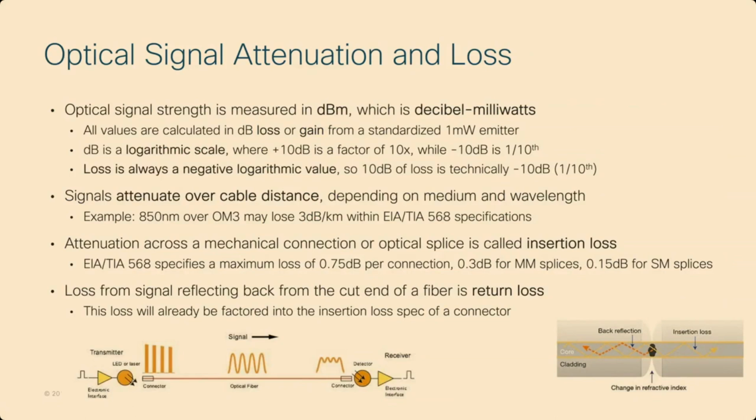If you see any kind of loss ratings, you might not see a positive or a negative value on it, but just know that any measurement for loss is going to be a negative, where basically if it's 10 dB, you're going to lose about 1/10 of your signal, or it's technically minus 10 dB. Depending on how long your cable is, you're going to have signal attenuation, and you might lose as much as like 3 decibels per kilometer.